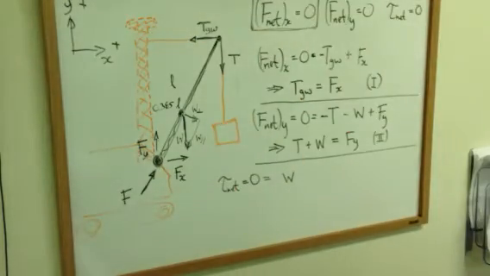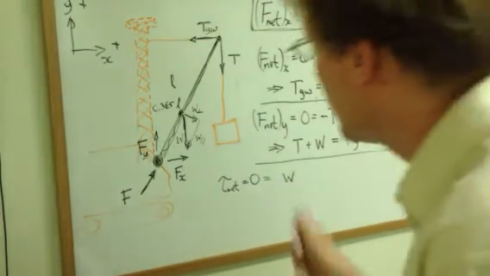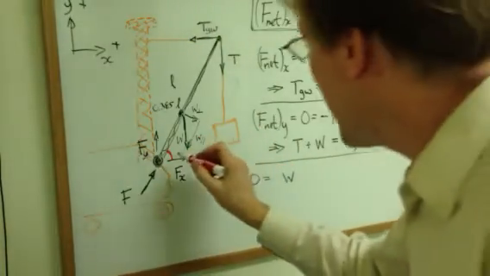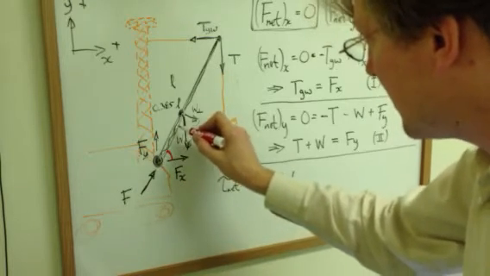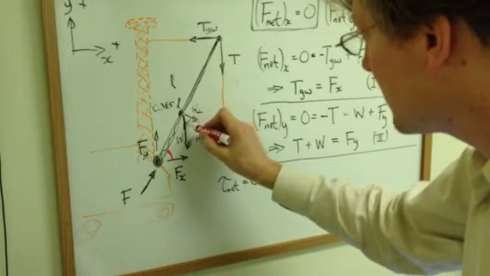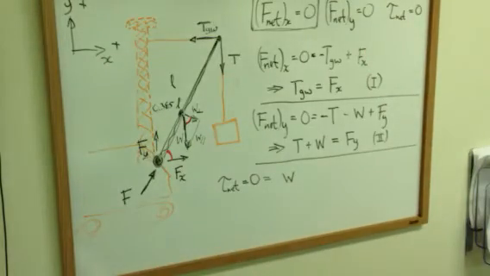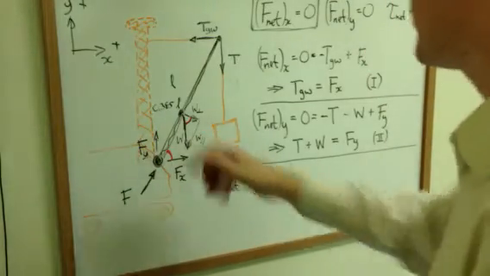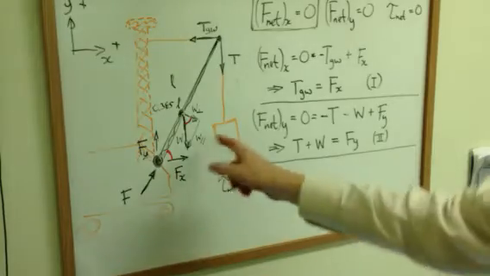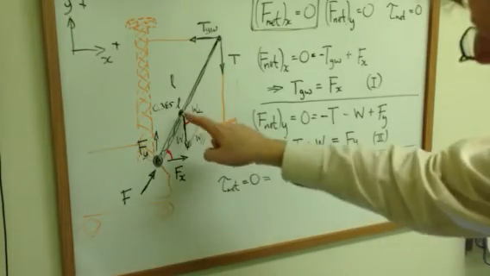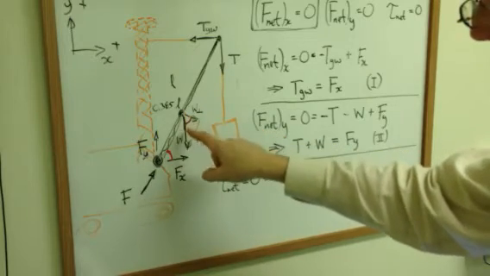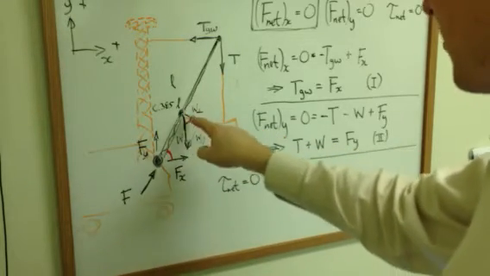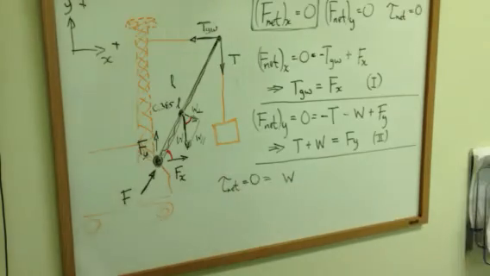Now, I do know from the question, they've given me that this is 60 degrees. So there's my angle, and if this is 60 and that comes straight down, that's 90, this must be 30, so this must also be 60. So those two angles I know, and the only torque caused by the weight is from this perpendicular component.